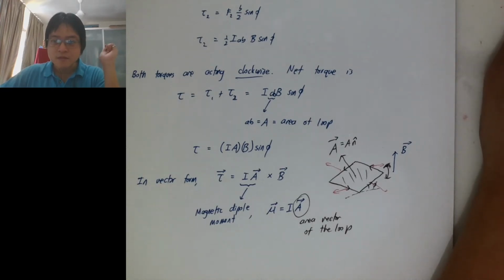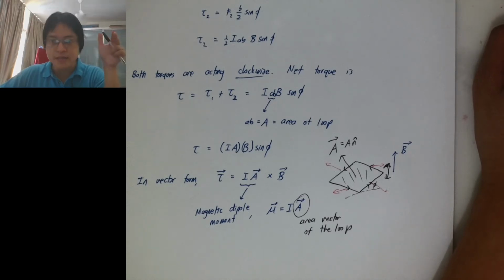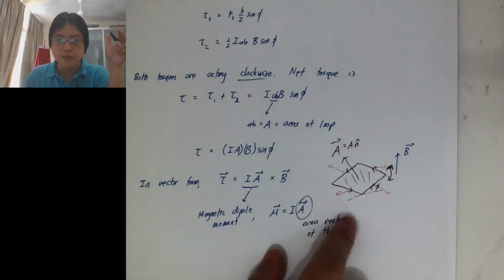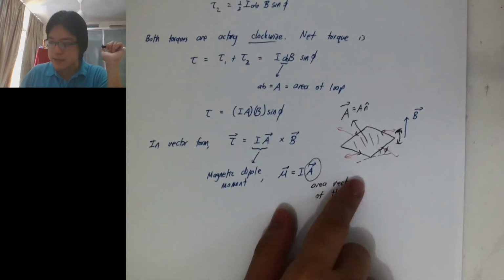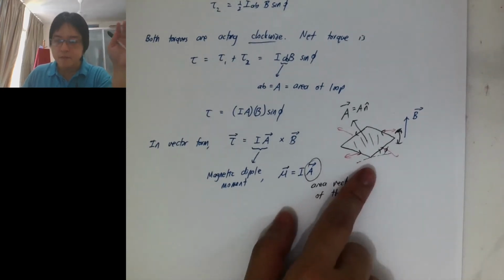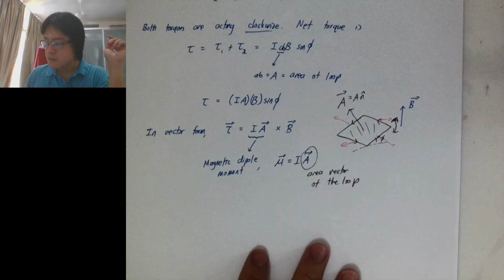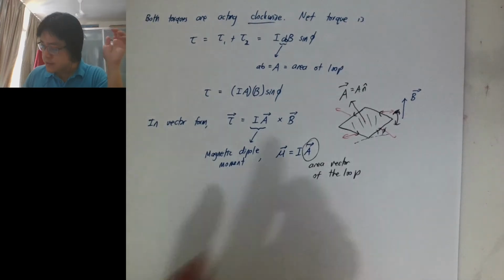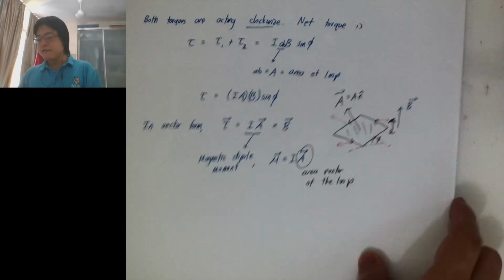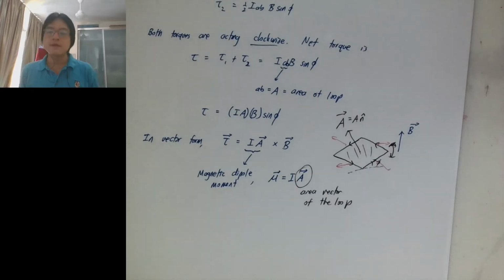Okay, so in other words, back to this question, you shouldn't hate yourself, because what you said is actually the same thing we are talking about for any angle phi. So that is the torque on a current loop that you put in the magnetic field.